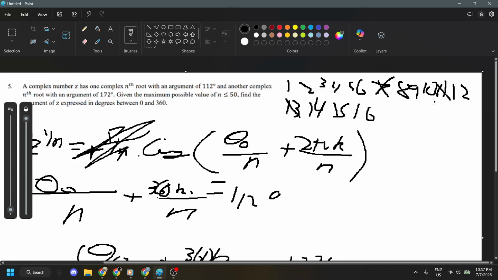So I guess k1 can be 2. 16 does, 17 doesn't, 18 does, 19 doesn't.